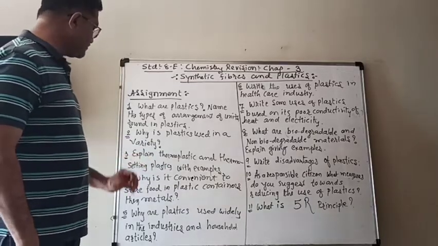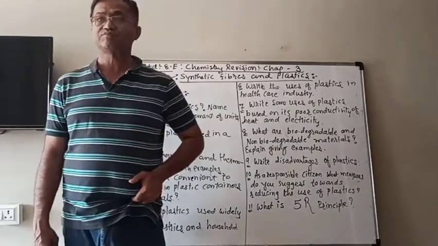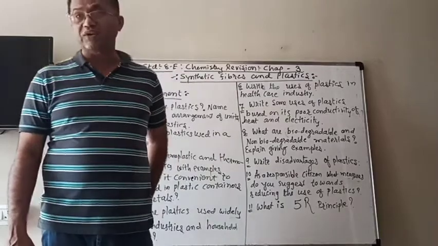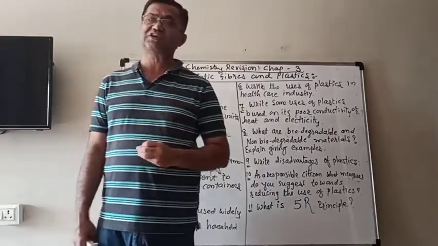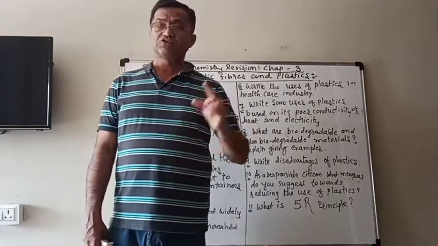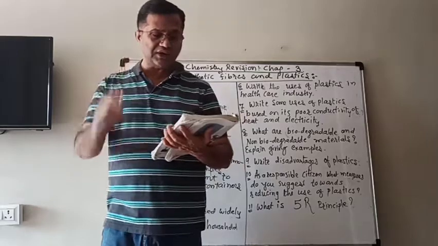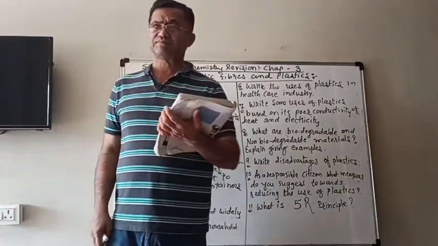Now, why is it convenient to store food in plastic containers rather than metals? You know that metallic containers are heavy in weight, but in comparison, plastic containers are light in weight. So the first advantage is that they are very light. Second thing, price.